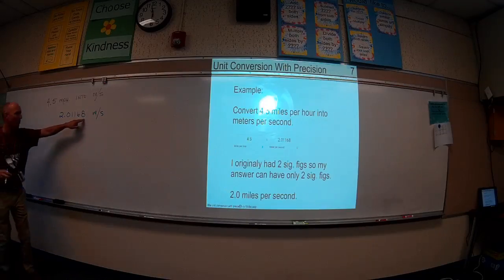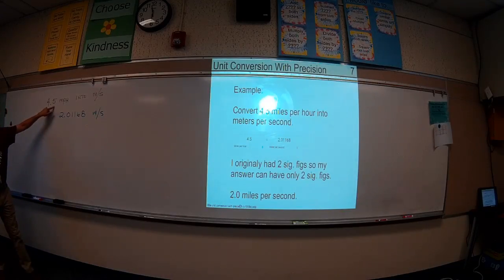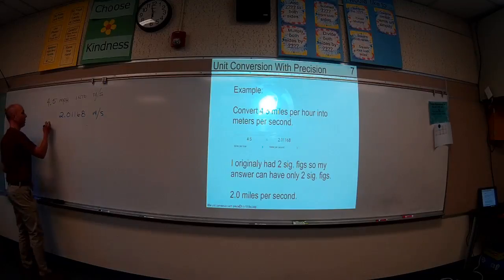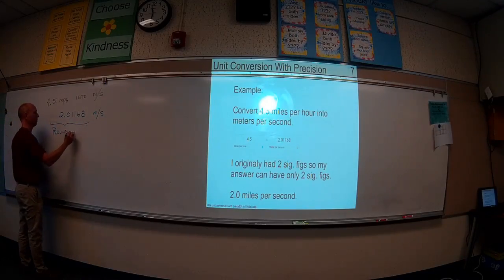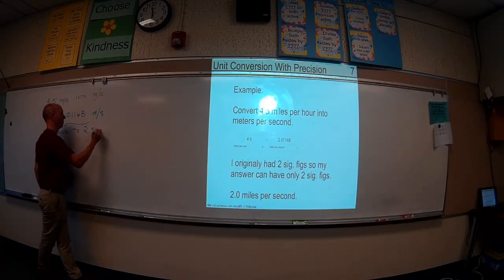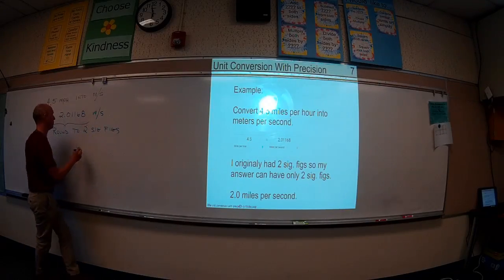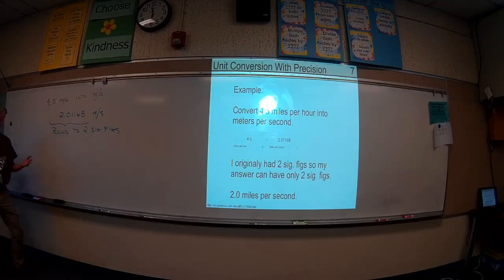But really, whatever I'm measuring with, can I take this thing out to 5 decimal places? No. What could I take it out to here? To 2 sig figs. So what should this answer be? 2 sig figs. So we're going to round it to 2 sig figs. Who can do that rounding?